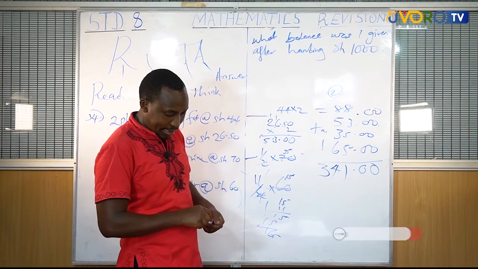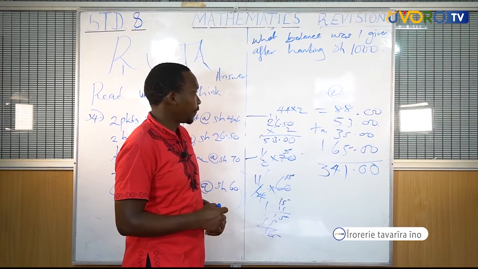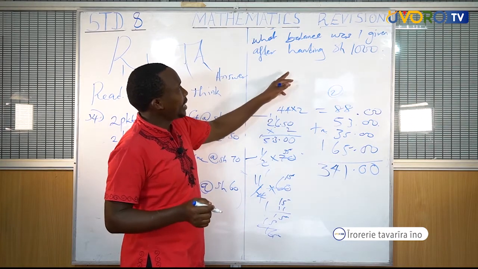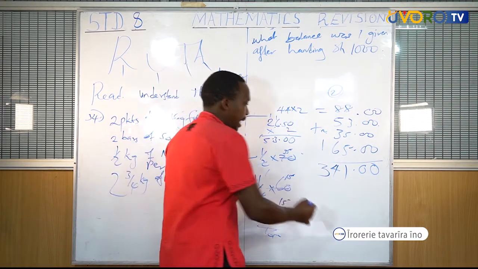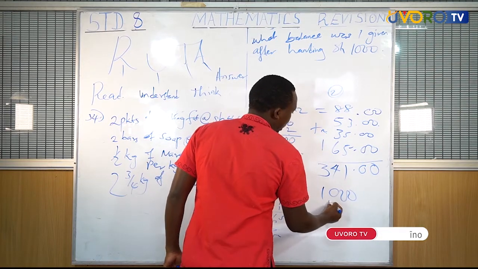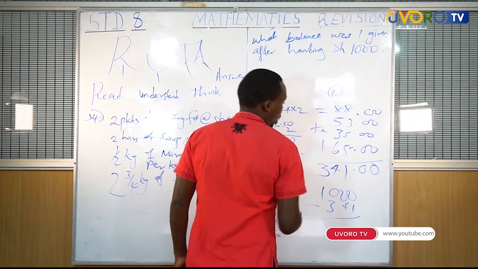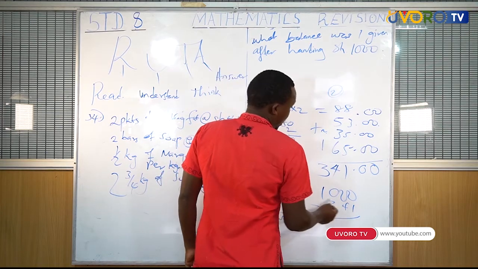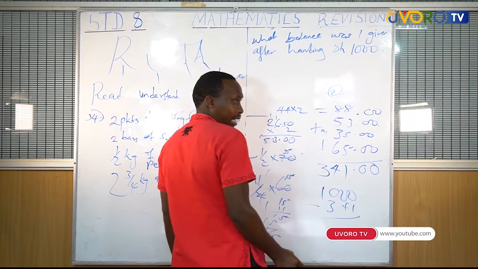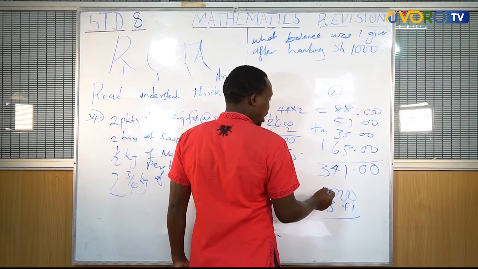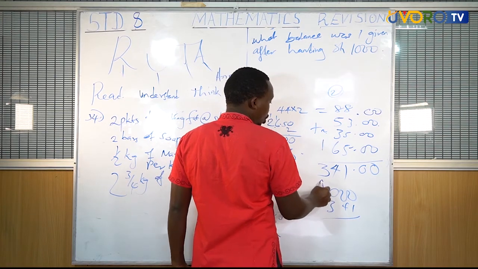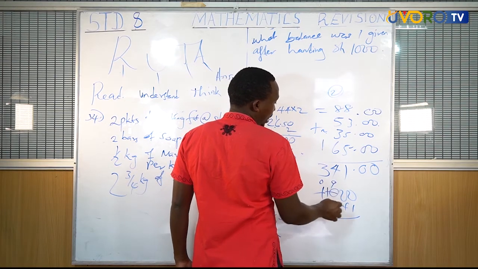Now, you are supposed to ask yourself, what balance was I given? It is 1,000 minus 341. 0 cannot subtract, so you go to 1 to assist you. It becomes 0. You borrow 1 here, it becomes 10.